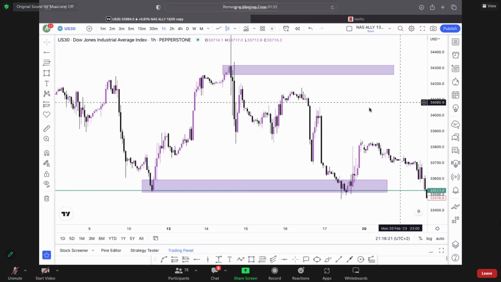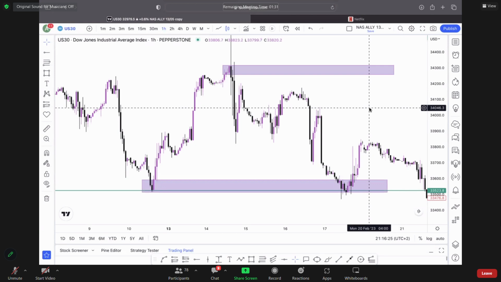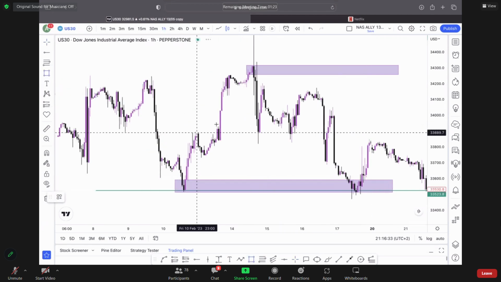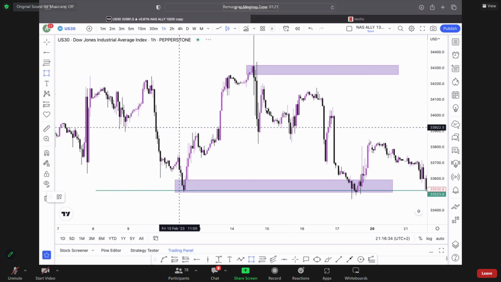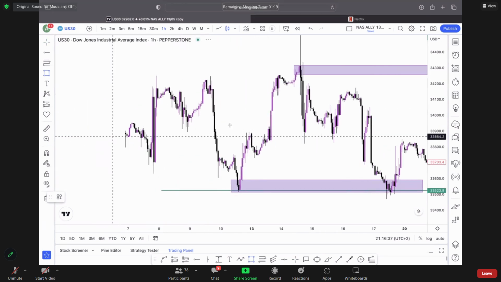However, there's going to be extreme supply and demand, and there's going to be internal supply and demand. As you can see, there's also demand and supply internal to the structure, and what you can use to correlate it with is previous structure.